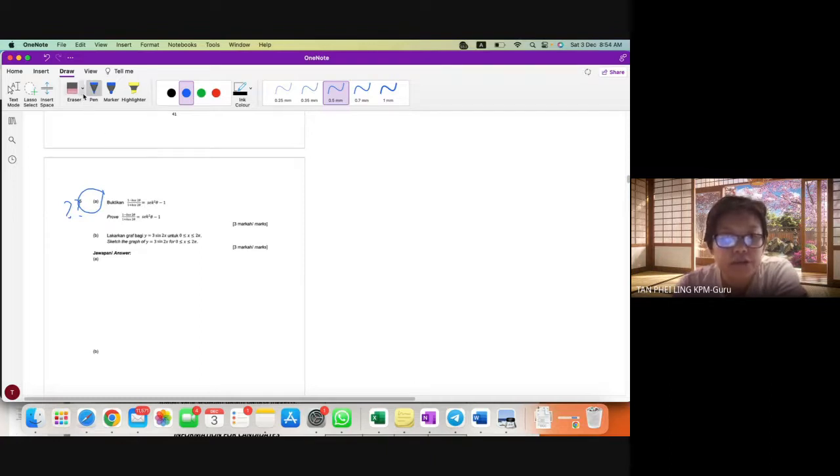All right, so now I want to go on with 5B. Okay, let's give it a try. For 5B, I want to do a sketch for y equals 3 sine 2x, where my x is from 0 to 2 pi.